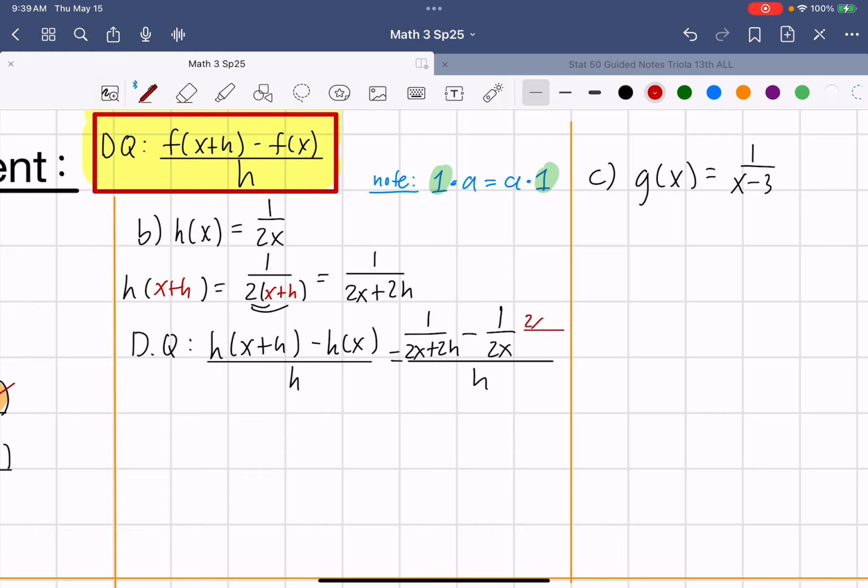So what I mean by that, I'm going to multiply by 2x plus h because that's the denominator that first term has. But I'm going to do this to both the numerator and denominator. Ooh, I forgot the 2h.